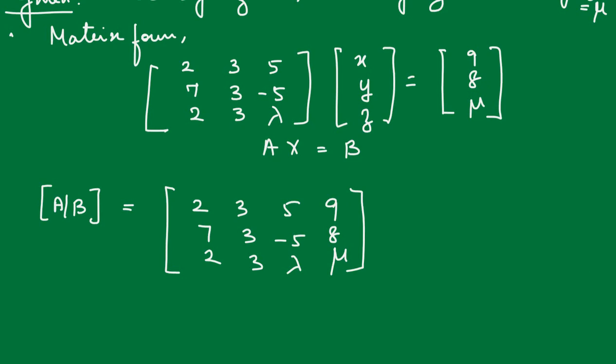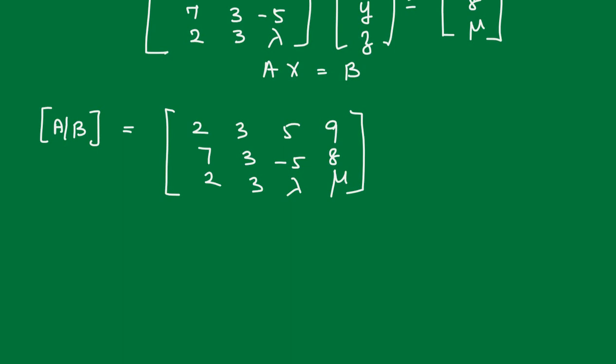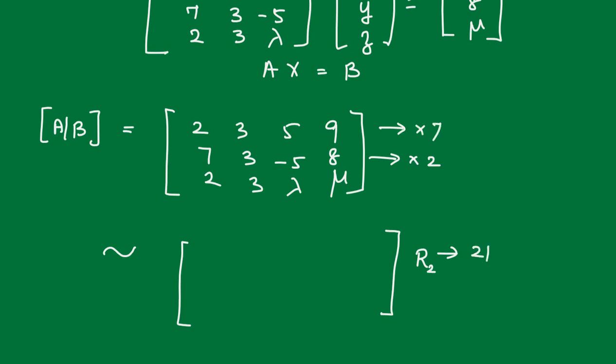Now we are going to transform it and bring it to the echelon form. So what are we going to do here? I'm going to multiply R2 by 2 and R1 by 7. So we write R2 equal to 2 times R2 minus 7 times R1.